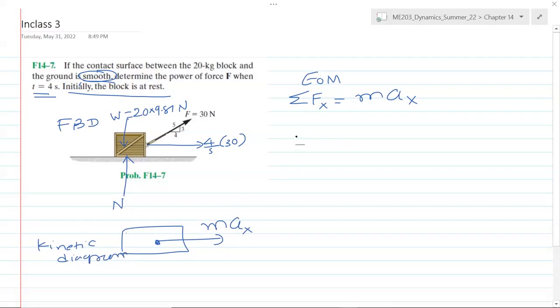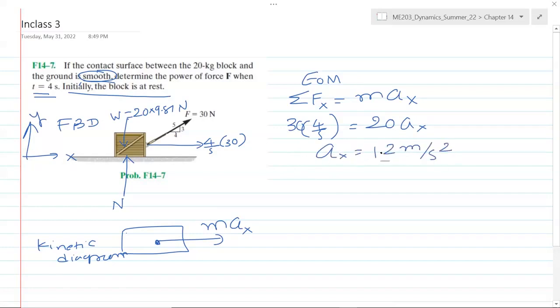So this force is 30 times 4/5. That's the force which is acting in the horizontal direction, and that's equal to mass times ax. Ax is the x acceleration. So this is x-axis, this is y-axis. So ax is the x acceleration of the block. So we can calculate ax as 1.2 meter per second squared.